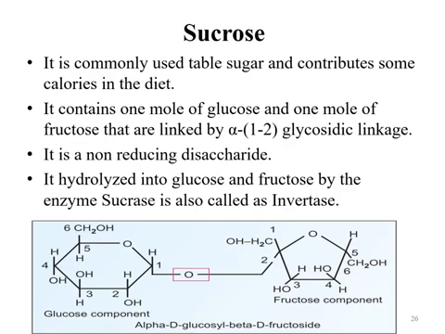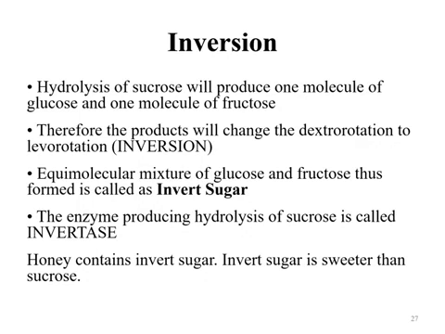It is hydrolyzed into glucose and fructose by the enzyme sucrase, which is also called invertase. Here you can also see the structure of sucrose, which is formed by glucose and fructose molecules linked by the alpha 1,2 glycosidic linkage. On hydrolysis of sucrose, it will produce one molecule of glucose and one molecule of fructose.